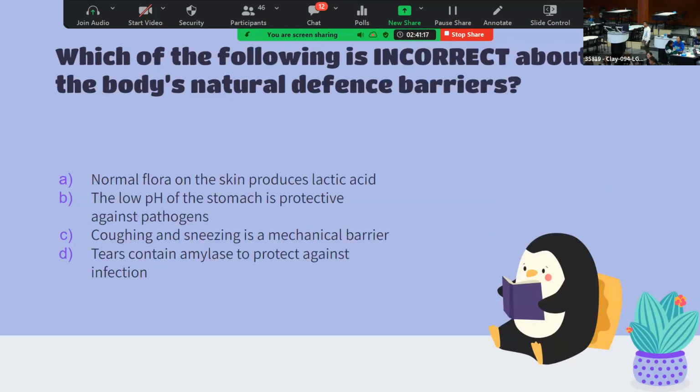All right, which of the following is incorrect about the body's natural defense barriers? Who wants to volunteer for this one?